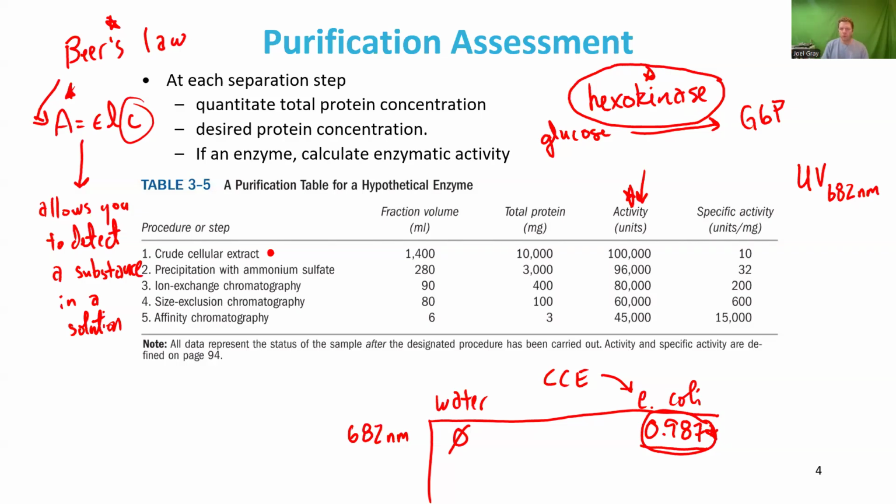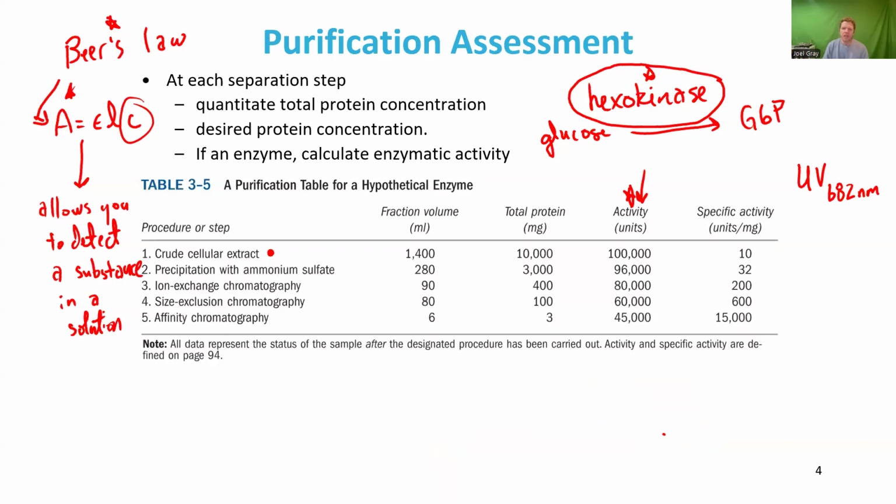And whenever we are trying to purify something, we'll go through a number of different treatments. This table shows us some examples. You can try to precipitate proteins or precipitate enzymes. You can try to separate them based on charge using ion exchange chromatography. You can separate them based on their size or molecular weight. And then finally, you can separate them based on their ability to bind something, also known as affinity chromatography.